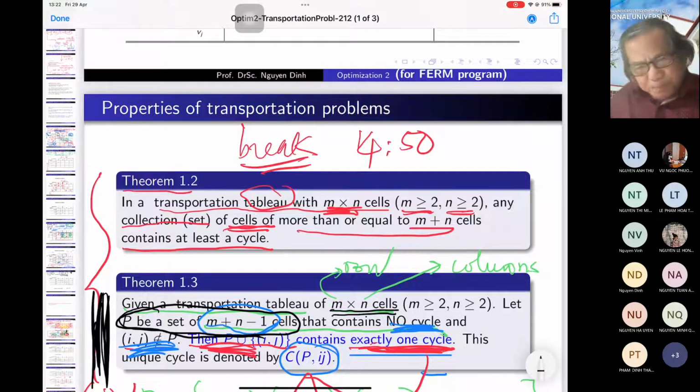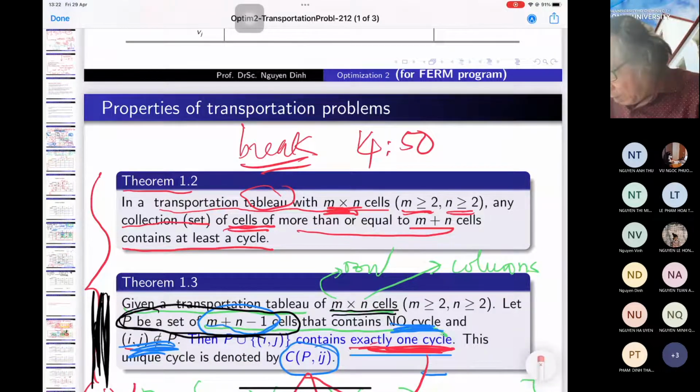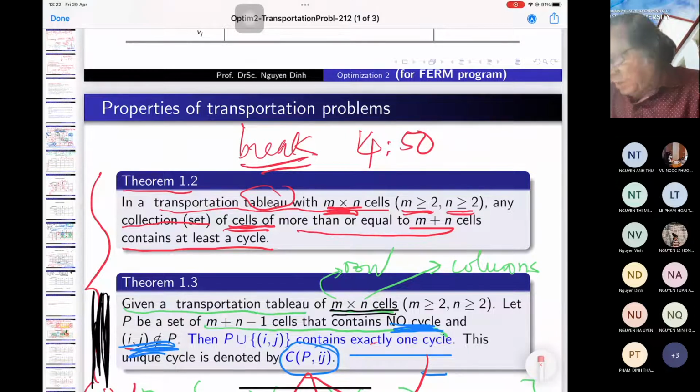So if there is a set of 6 cells that contains no cycle, okay? Then if you take one more cell which is not in P and put it in P, it will create exactly 1 cycle.